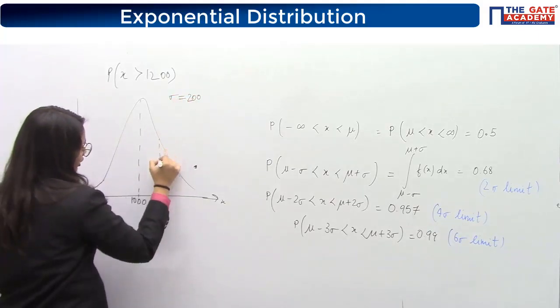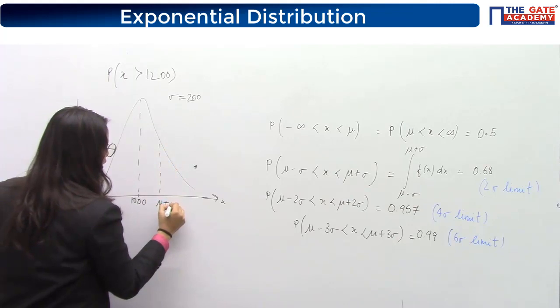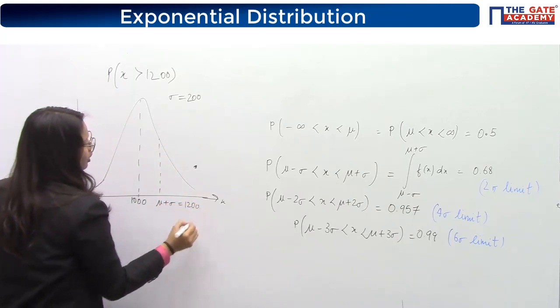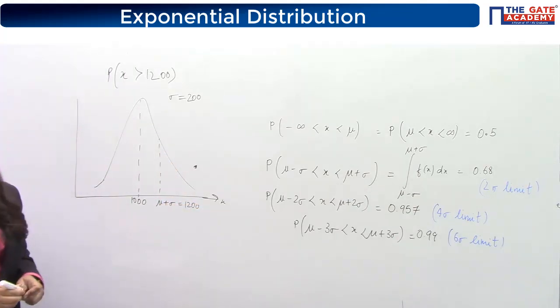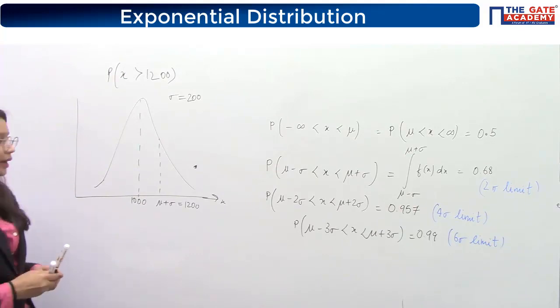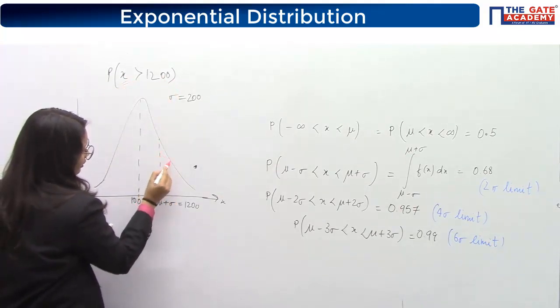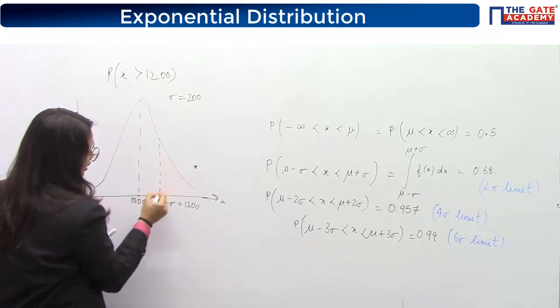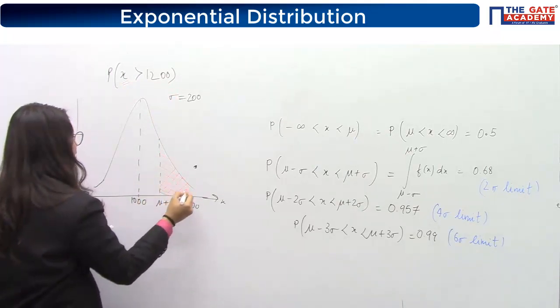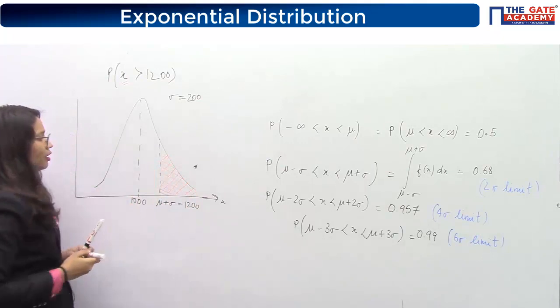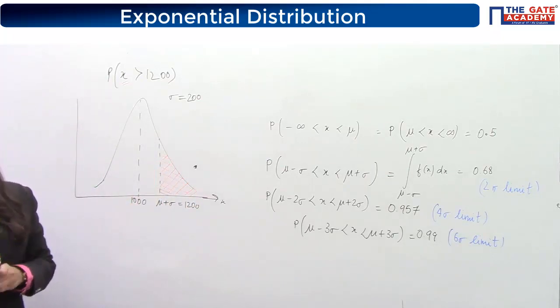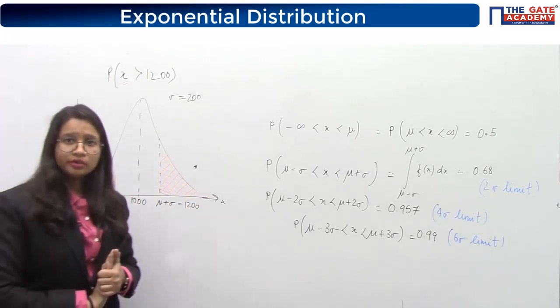If you find mu plus sigma, it is nothing but 1200. So the probability required is that x is greater than 1200, which means this total range's probability is required. Now do you need to solve this also?